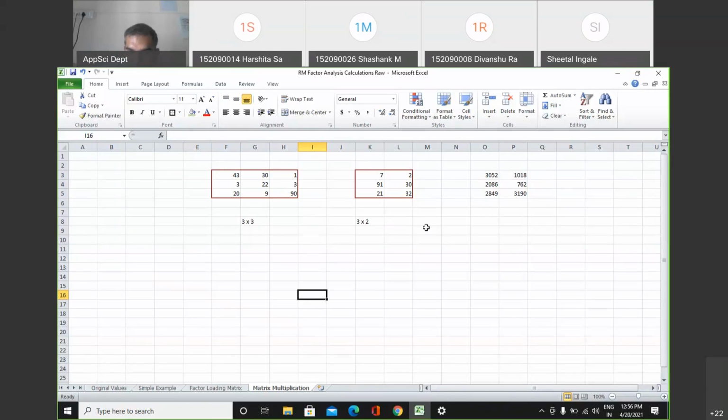Then we can multiply. And the resulting matrix, from a 3 by 3 matrix and a 3 by 2 matrix, the inner values match and the outer ones remain, so the resulting matrix will be 3 cross 2. You understood what I said. So if it is a 3 cross 4 matrix, clear, right?